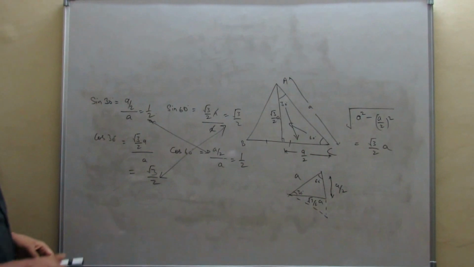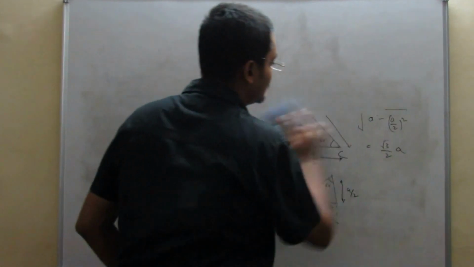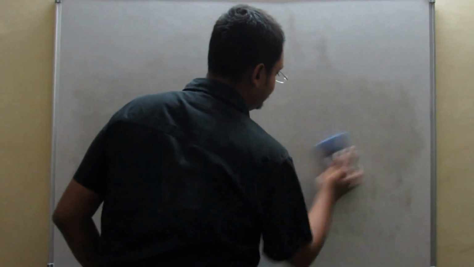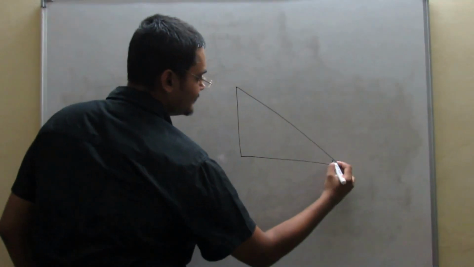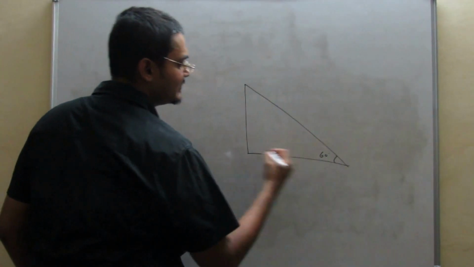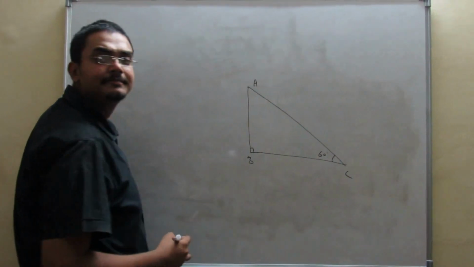Let's see one another point in this. If I am talking about any angle theta, this is, let's say, 60 degrees, this is ABC, this is 90.